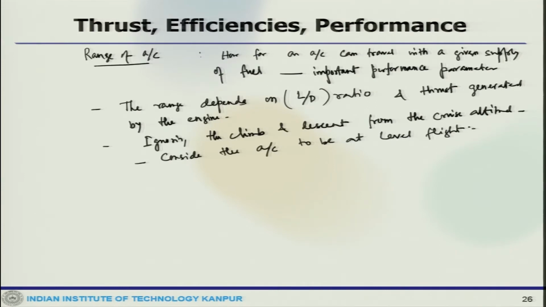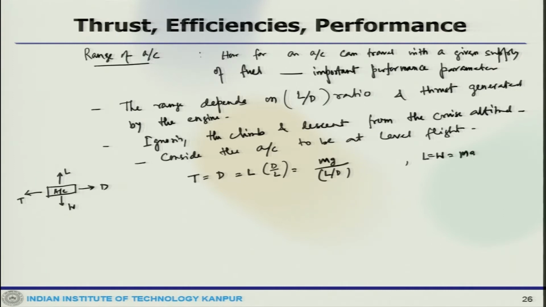When we talk about level flight, the engine thrust and the vehicle drag must be equal, and the lift on the aircraft should be equal to its weight. If we look at the free body, let us say this is the aircraft, then this is thrust, this is drag, this is weight, and this is lift. So, they should be equal. T would be D, which is L into D by L, which is mg by L by D, because L is W is mg.